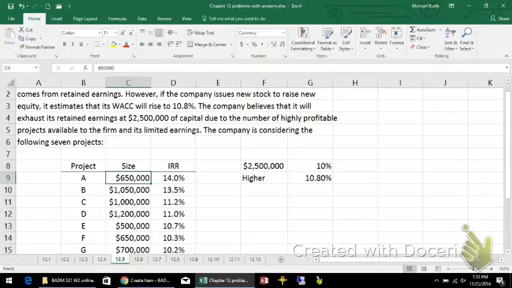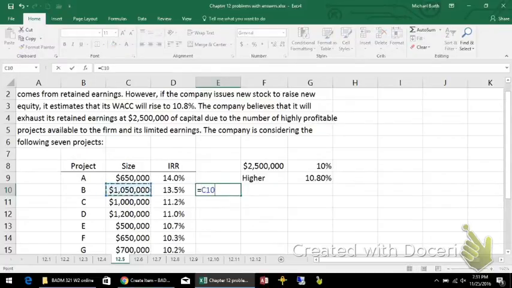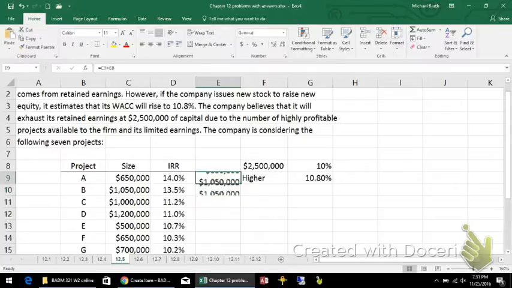If you took project A and project B, between them, the cumulative amount of capital would be $1,700,000, and then somewhere when you got into project C, you're going to have to be using the higher cost of capital number at 10.8. So you quickly used up that first $2.5 million.